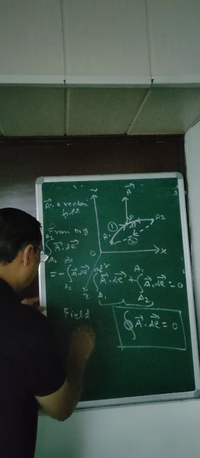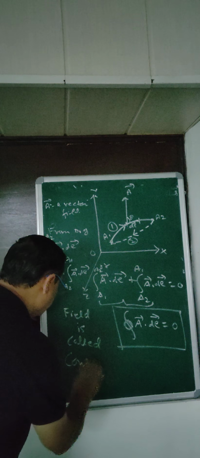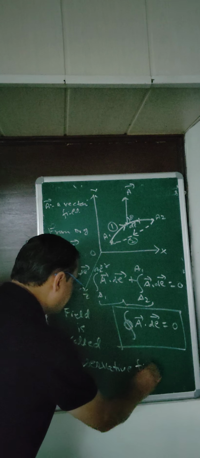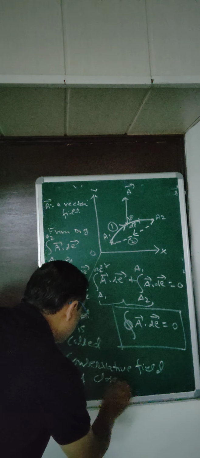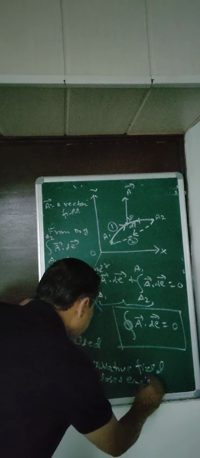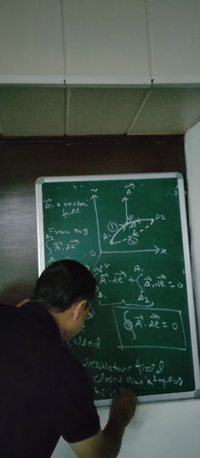A field is called a conservative field if the closed line integral of the vector is 0.